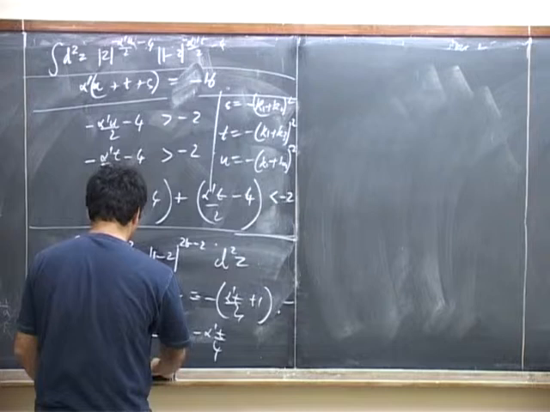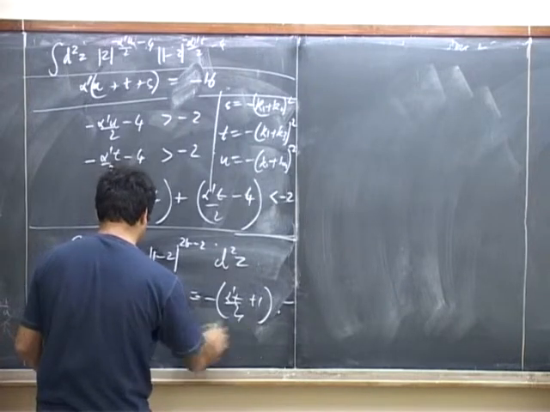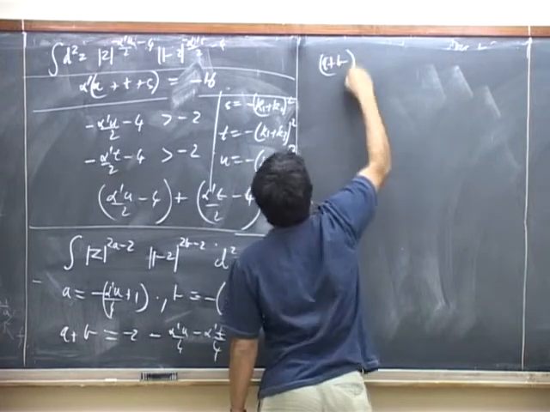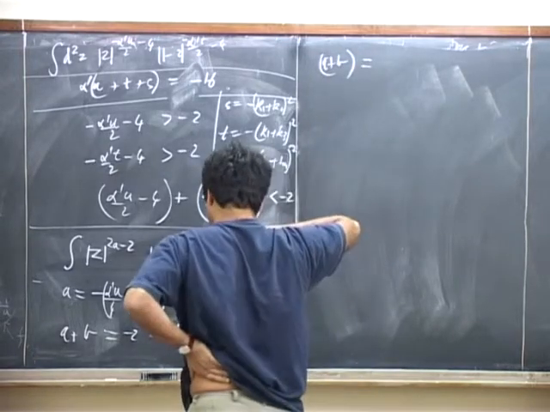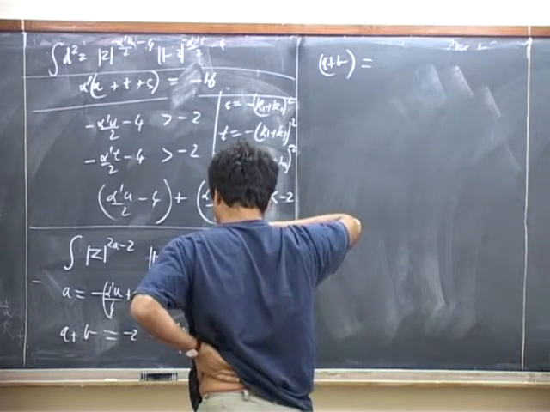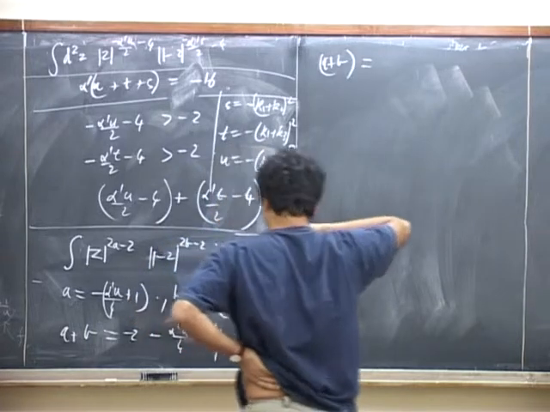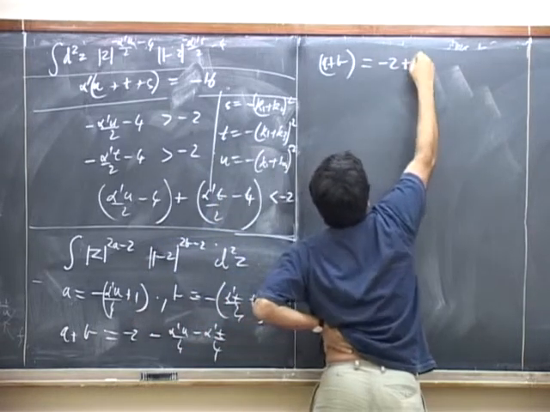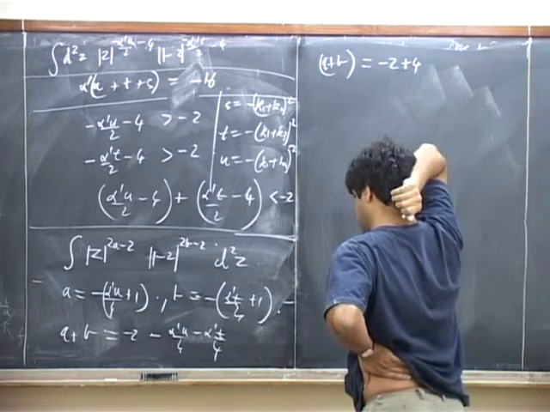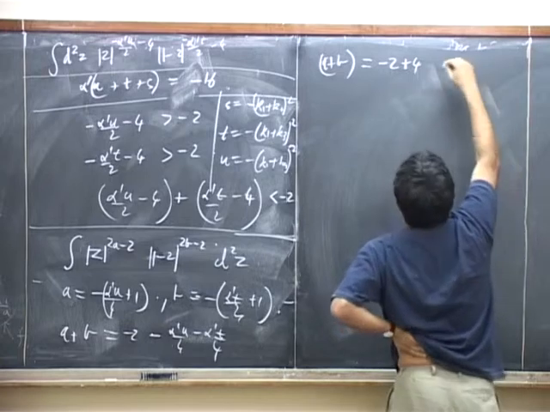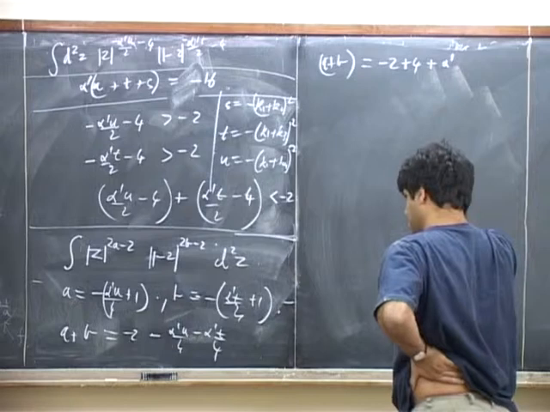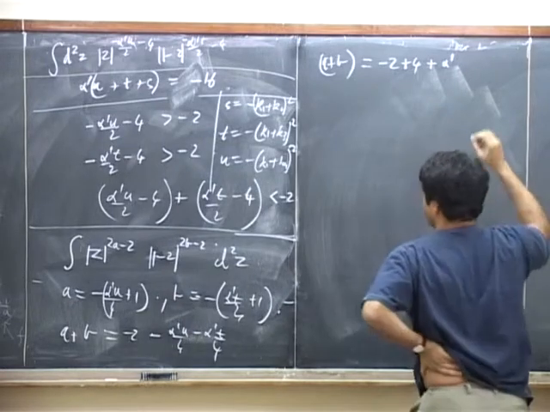So this can be written as a plus b is equal to minus 2 plus 4 plus alpha prime s.